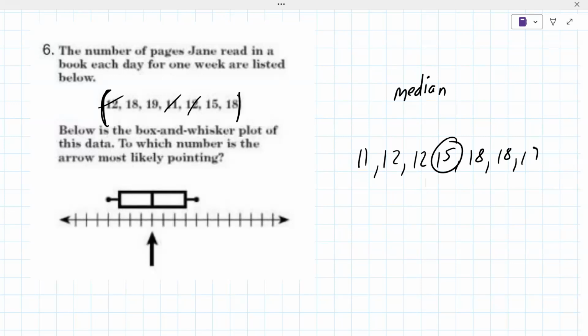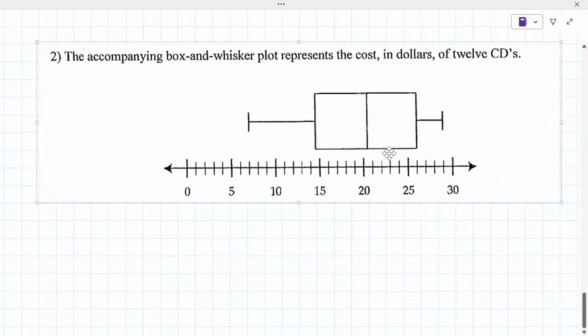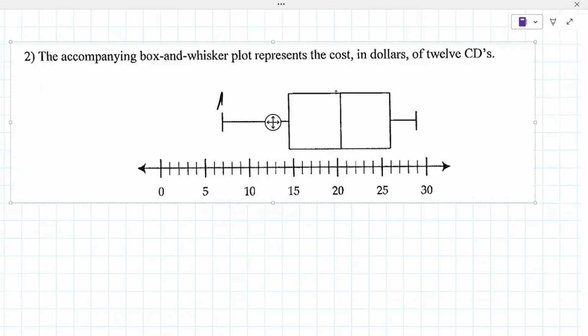All right, so let's try this. This will help. I want you to tell me the numbers at each of these positions, A, B, C, and D. Let's get those 5 numbers down, roughly.